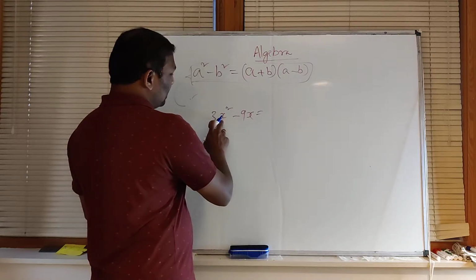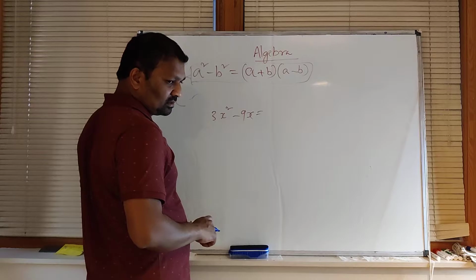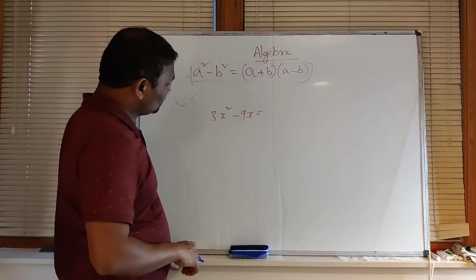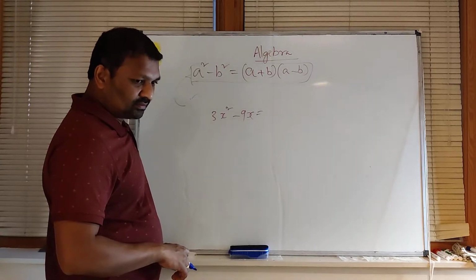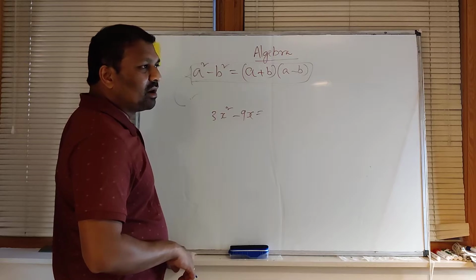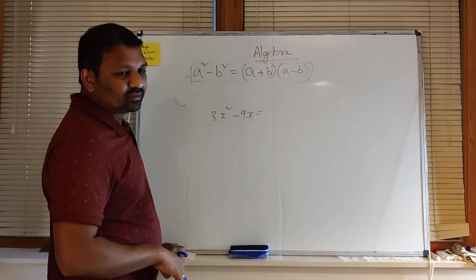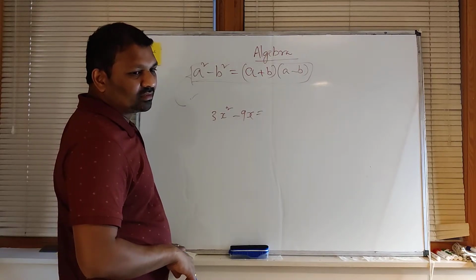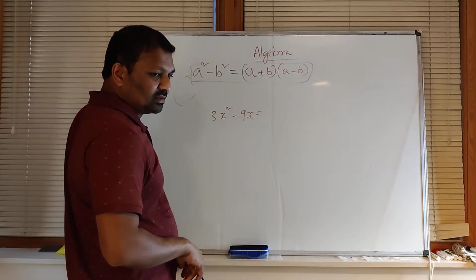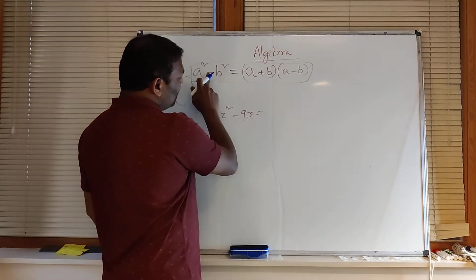Of course, it is a quadratic equation because 3x square minus 9x plus 0 equals 0. So then we can find the roots of the quadratic equation. How do you find the roots? Take a common, or convert this into the form a square minus b square. That is one way.